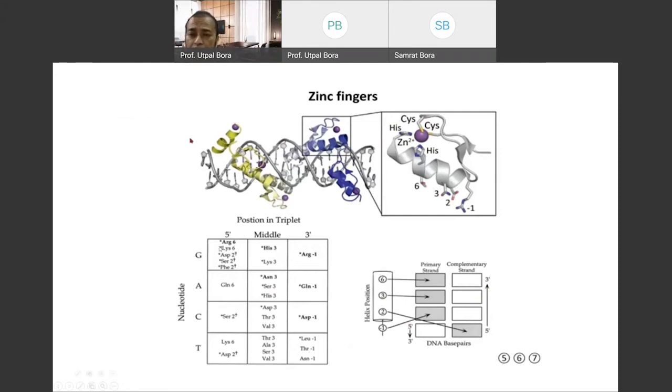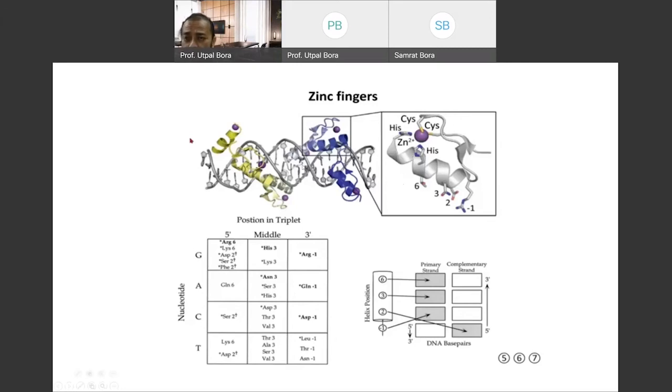For example, arginine, lysine, serine, and phenylalanine at certain positions all recognize the nucleotide G, whereas glycine recognizes A, serine recognizes C, and lysine and aspartate recognize T. Ultimately, one zinc finger protein recognizes 3 DNA bases, which you can say is a triplet codon.